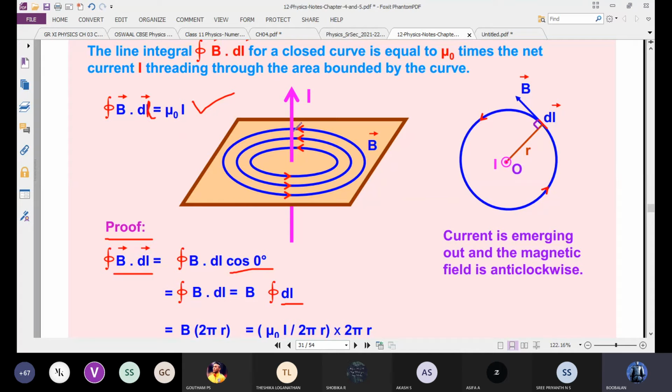Using the right hand thumb rule, your thumb shows the current direction and the remaining fingers show the direction of the magnetic field. Up it is anti-clockwise, down it is clockwise. So current is emerging out and the magnetic field is anti-clockwise.